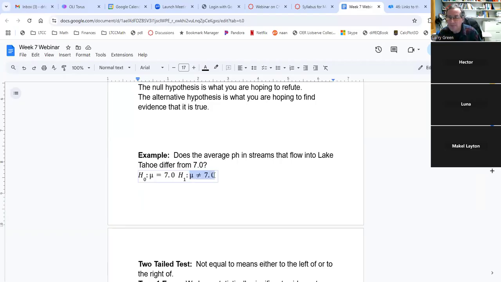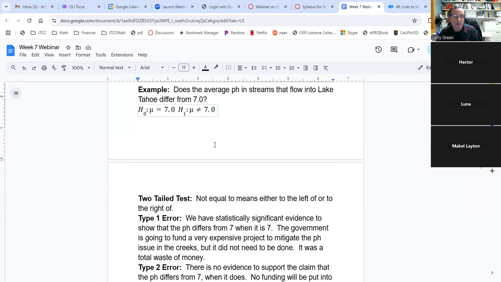Any questions on that? This is called a two-tailed test, because if it is very low, we're going to reject the null hypothesis. If it's very high, we're going to reject the null hypothesis. It's both sides of the tail, not just a less than. This is a not equal to. Any questions on that?